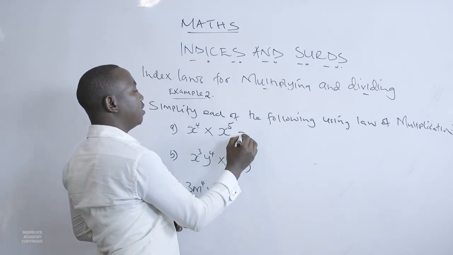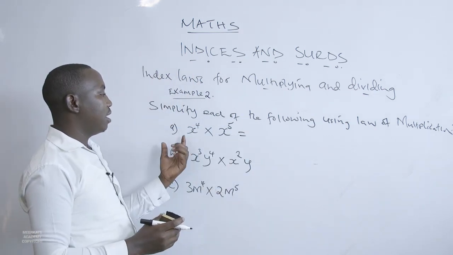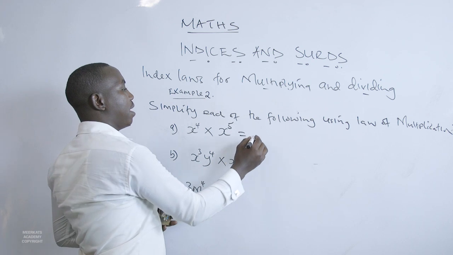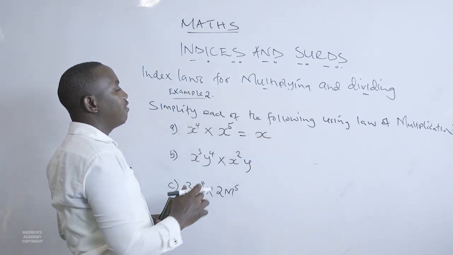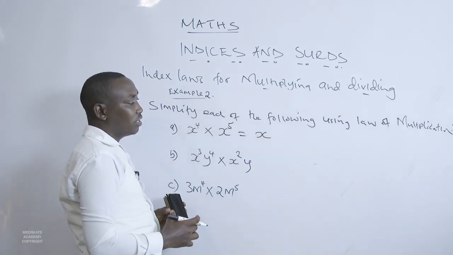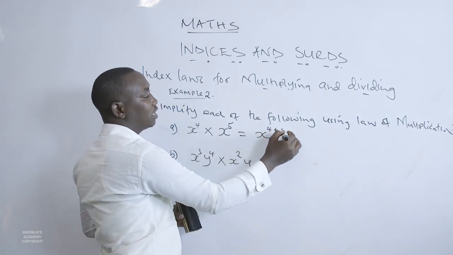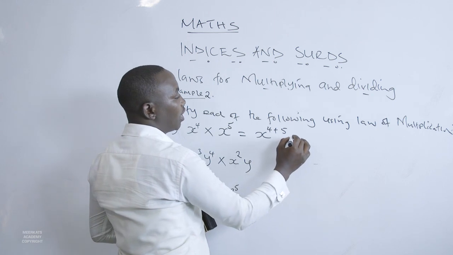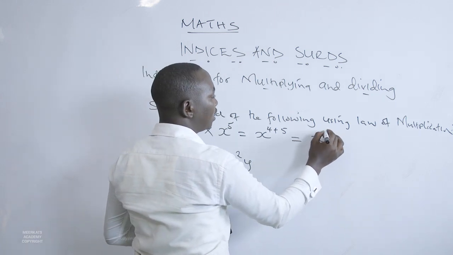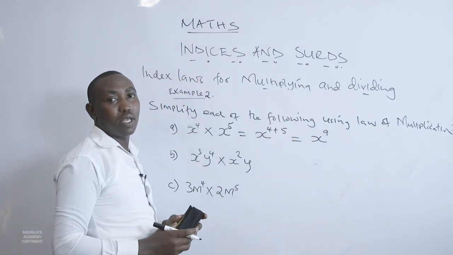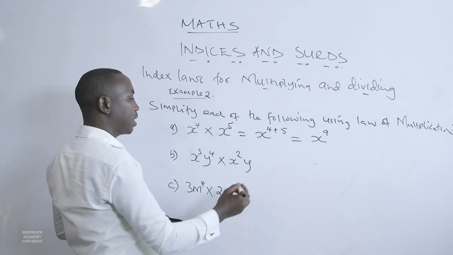So in the first one, the bases are the same. The power of the first factor is 4. We add it to the power of the other factor, which is 5. So in index form, this is x raised to the power of 9.